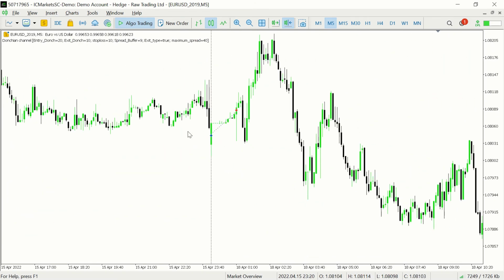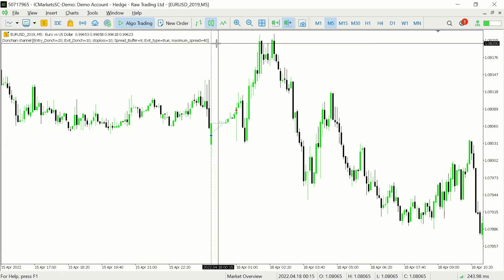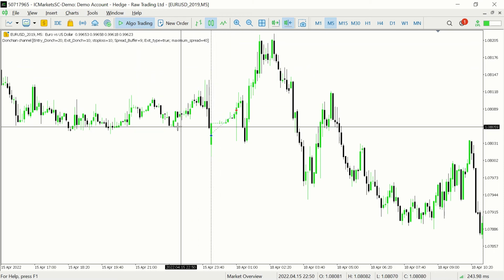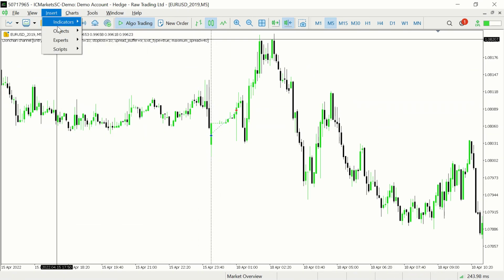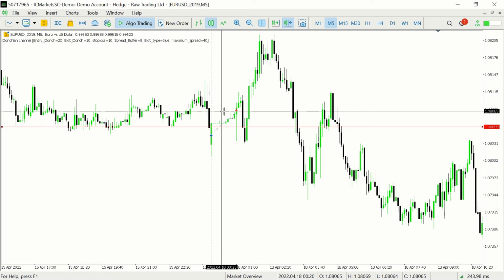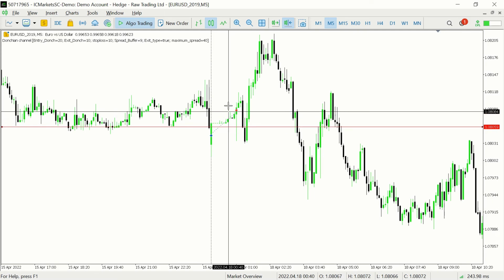Alright, and for the entry, we'll take a buy trade when the price goes below previous lows. So the previous lows are here. In the very first hour of the Asian session, if the price goes below the previous lows, which are these levels here, then we take a buy trade and we exit when the price goes above previous highs, in which case when it went above this candlestick here.